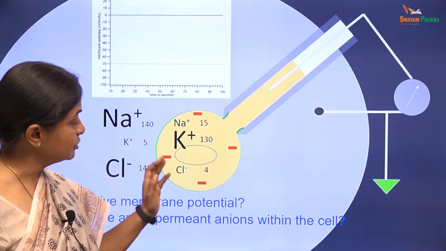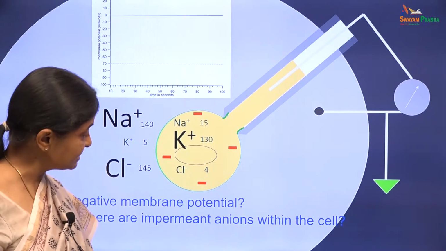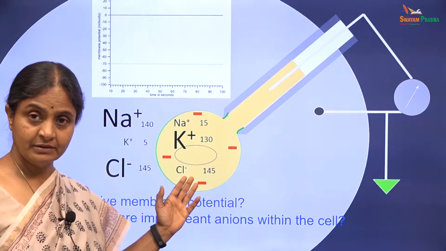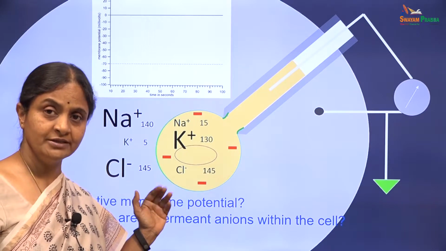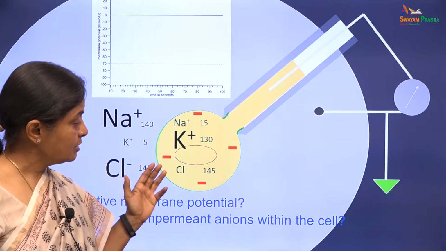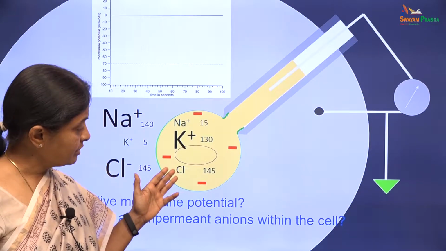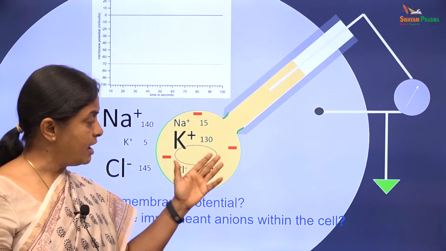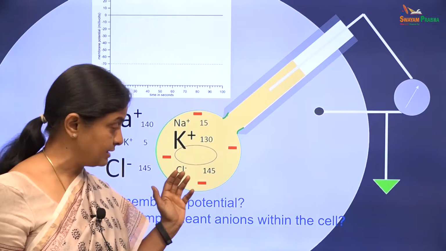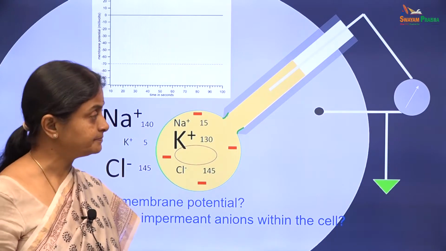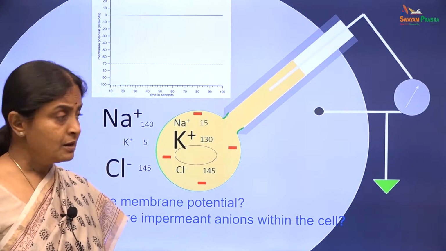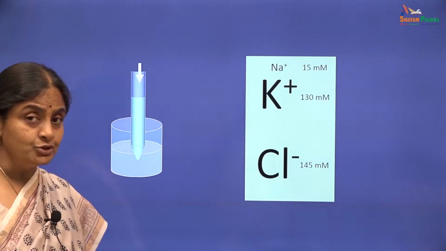So if we take gluconate out and replace it with chloride itself, the cell membrane has channels for chloride. Now, if the large anions within the cell are replaced with chloride, how do we do that replacement?